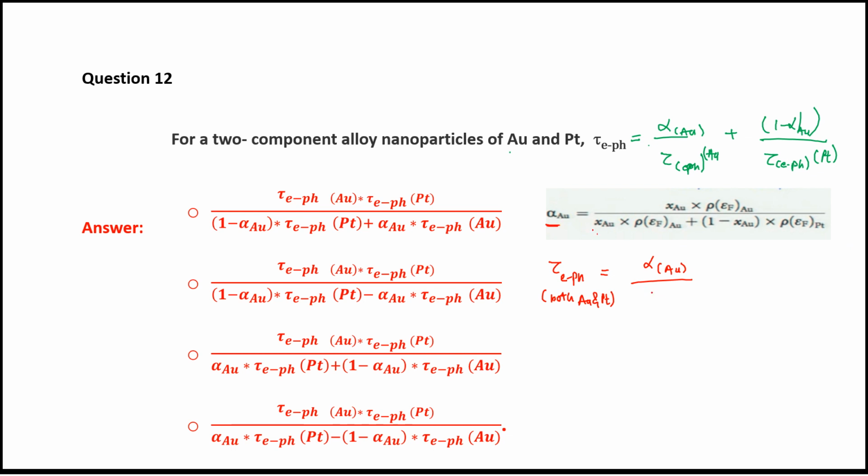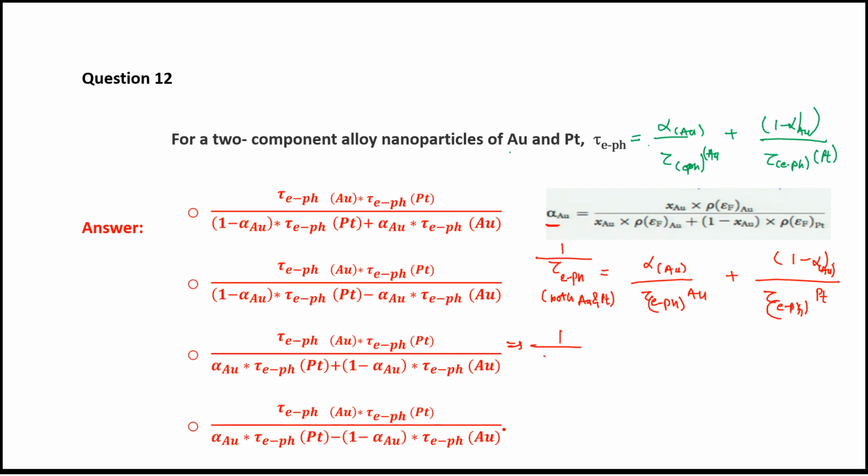So this is equal to tau EPH, electron phonon, for gold plus 1 minus alpha. Why is 1 minus alpha used? 1 minus alpha AU is used to denote platinum because the total sum comes to be 1. Then tau EPH of platinum. Now just rearranging this equation, it is 1 upon tau EPH.